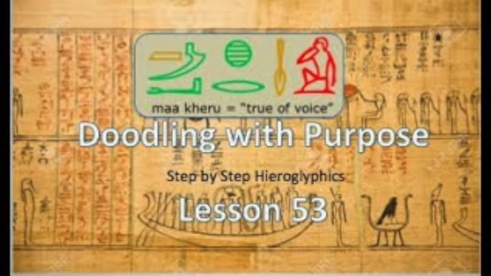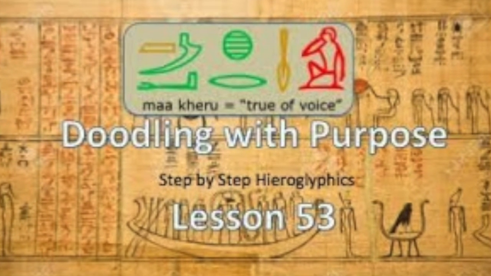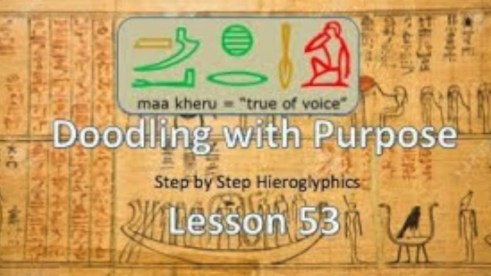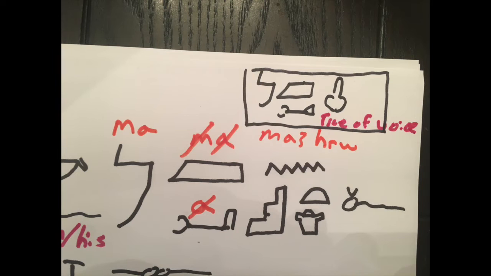Ma'aharu is the word for justified or literally true of voice. So ma'a, true, haru, voice. So you'll recognize that the first part of ma'aharu is right here, ma'a. So hence ma'a is true.